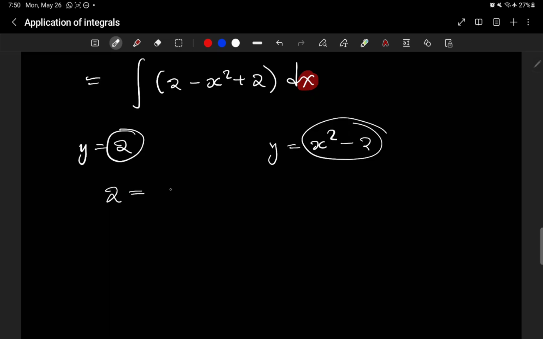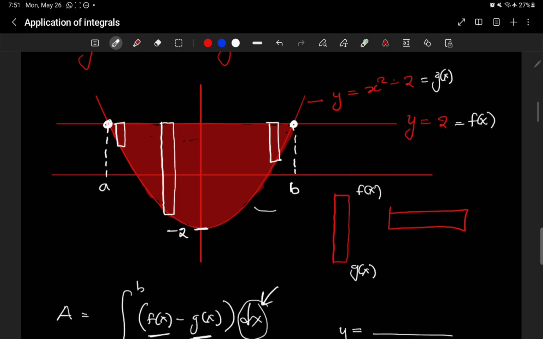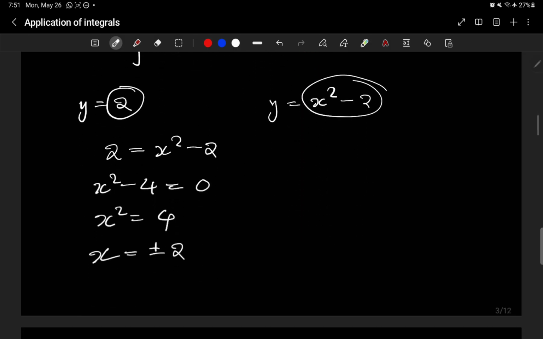So you have 2 has to be equal to x squared minus 2, or x squared minus 4 has to be equal to 0, implying that x squared has to be equal to 4, or x has to be equal to plus or minus 2. So we're seeing that the smallest value is x equals minus 2. The largest value is x equals positive 2. With the two values now known, we can get our area.